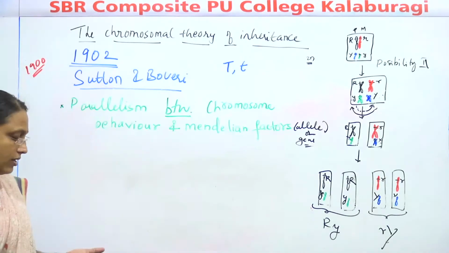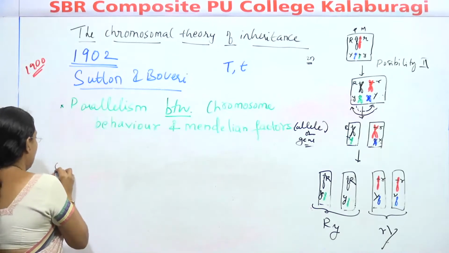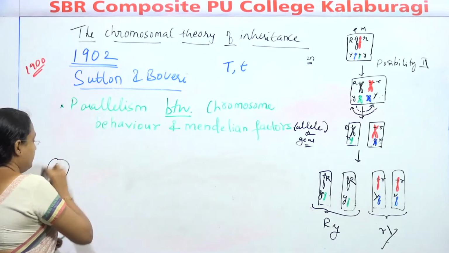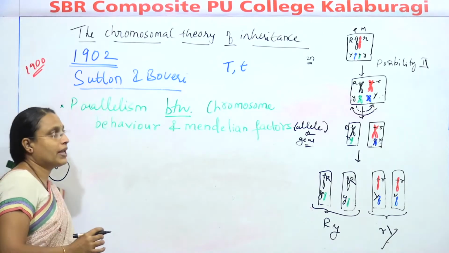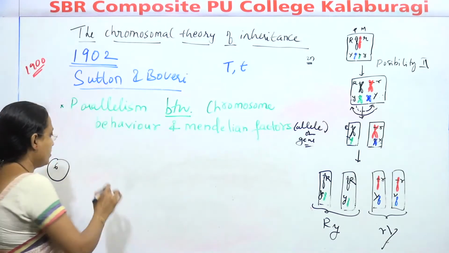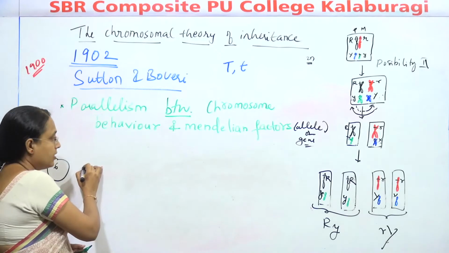So the 6th similarity, parallelism between chromosomal behavior and Mendelian factors. What is that?